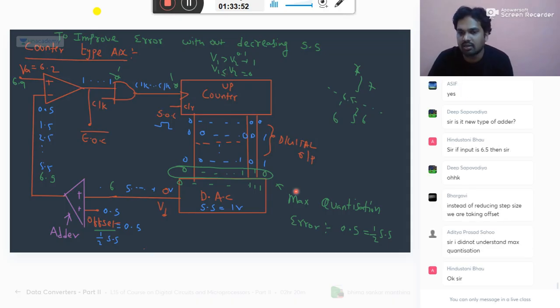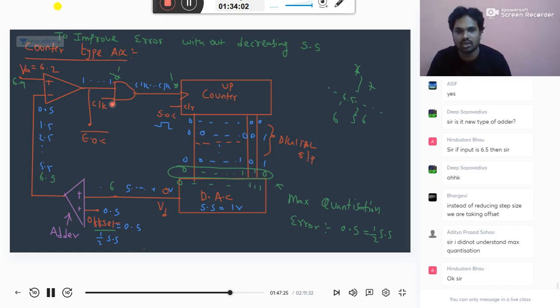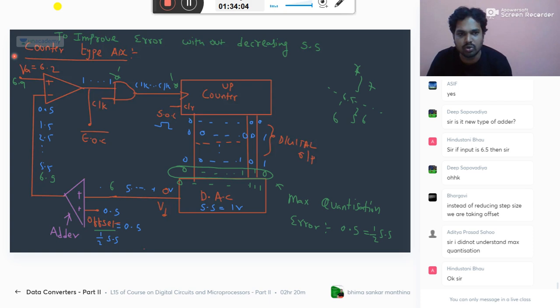Maximum means for any input. Okay, Alisha? You give 6 as the input, what is the output you get? See here, Alisha, you have 6.51 as input. 6.51 is more than 6.5 now, so you will get 7.